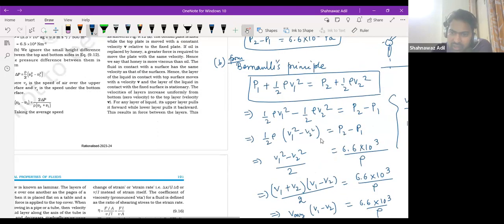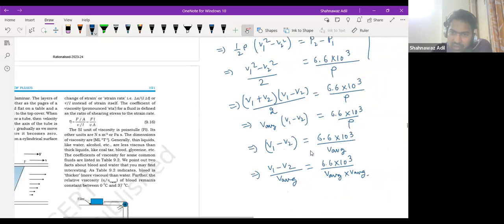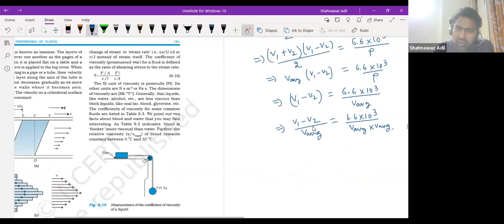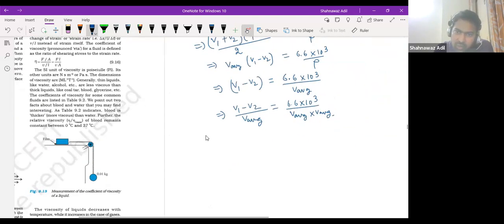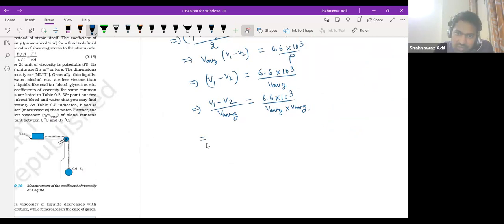So let us calculate this. This would be how much? We know that V average is given, right? And this is the rho.